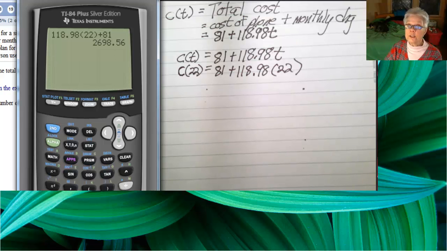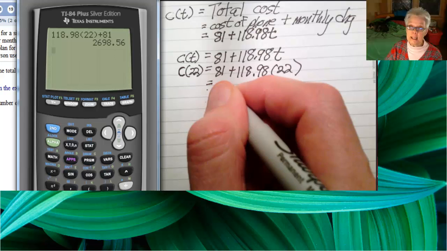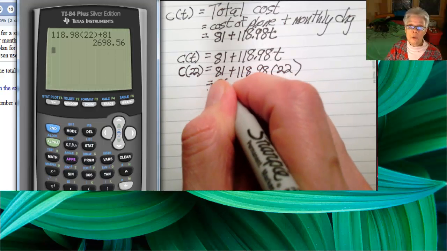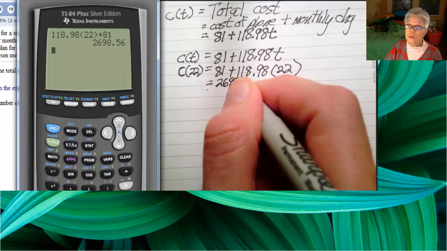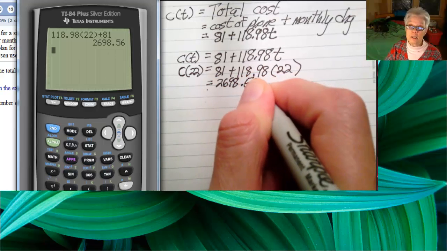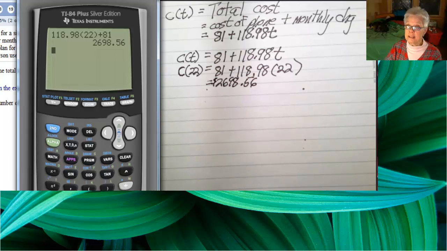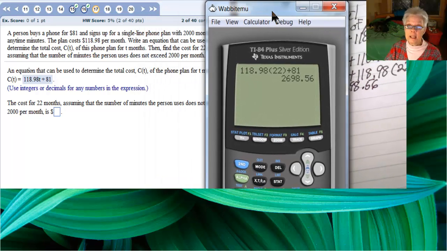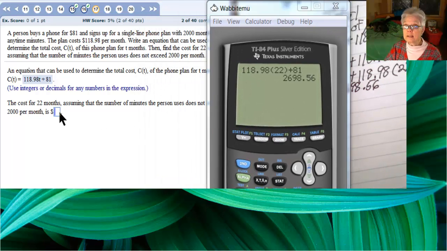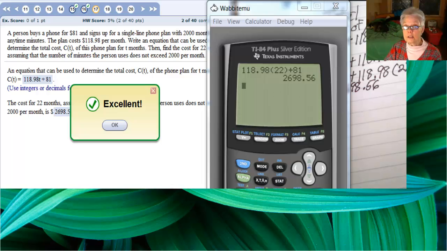All right, and I get the answer 2698.56. So the total charge for 22 months will be $2,698.56. Let's put that in the answer box and check the answer. Yay! Excellent.